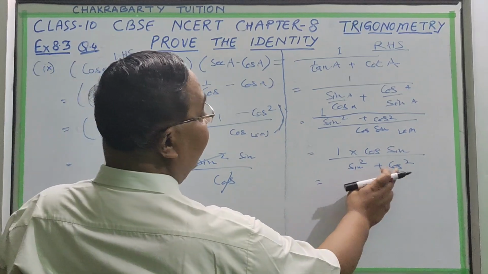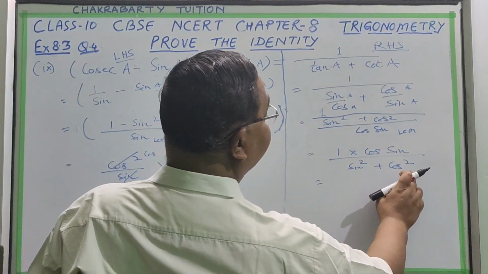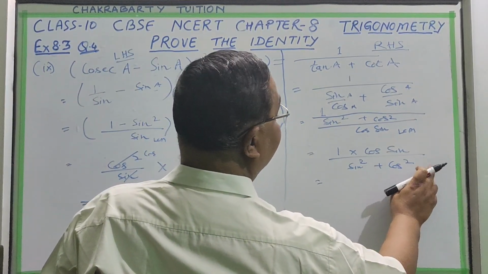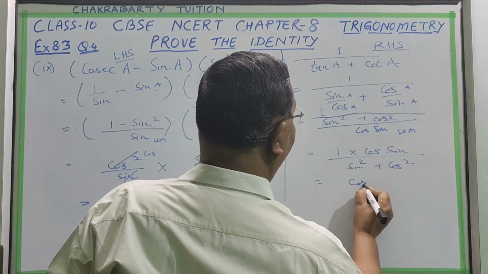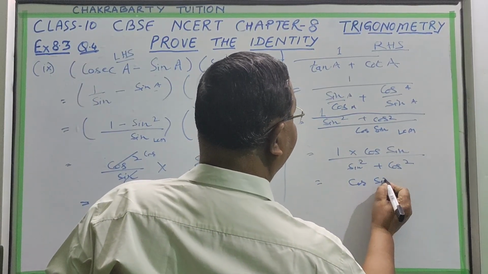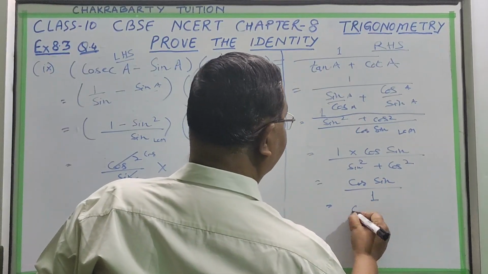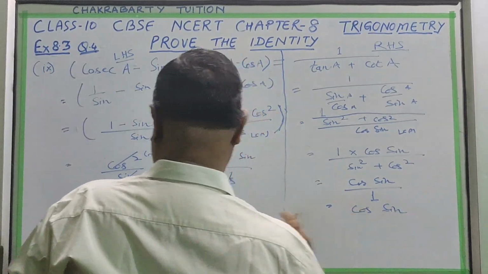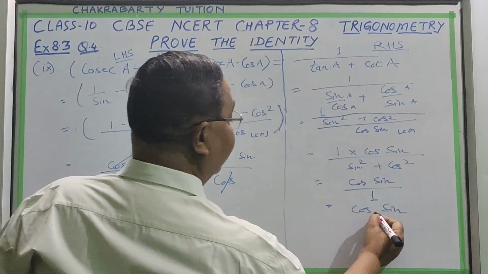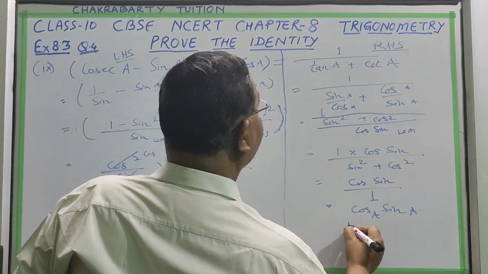Now sine square plus cos square is the identity, equal to 1. So we can write cos and sine upon 1. So this will divide, and what will remain? Cos and sine. Here also cos and sine was remaining. So this is your RHS.